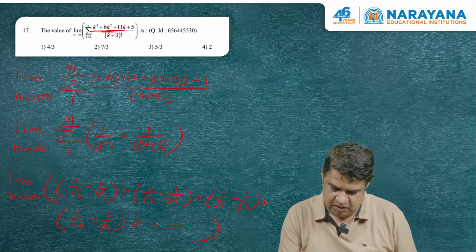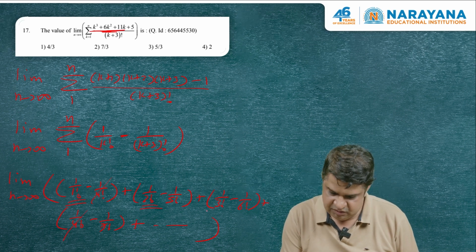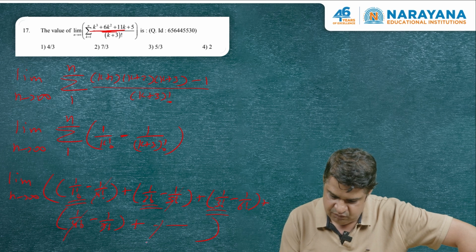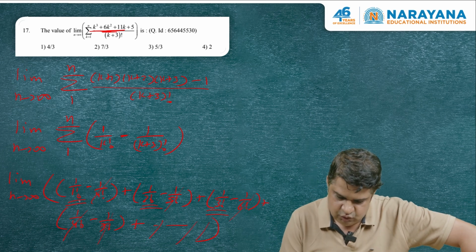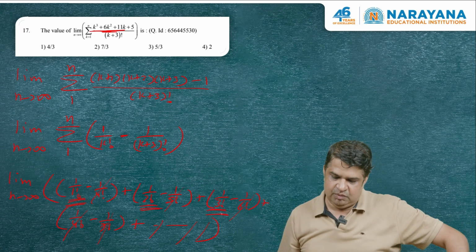So, obviously, terms started cancelling after 3 terms. This term will also cancel somewhere, this term also cancelled somewhere. So, the first 3 terms will be left over.